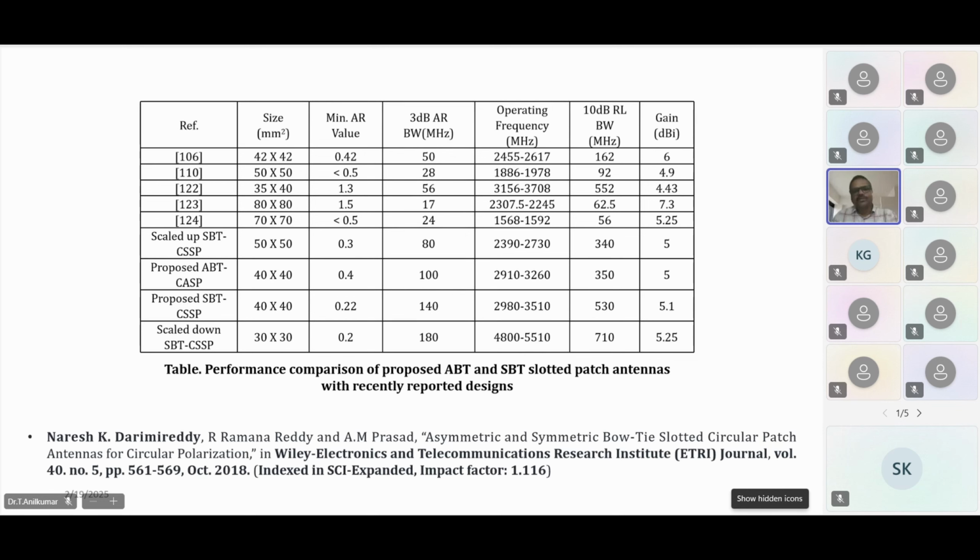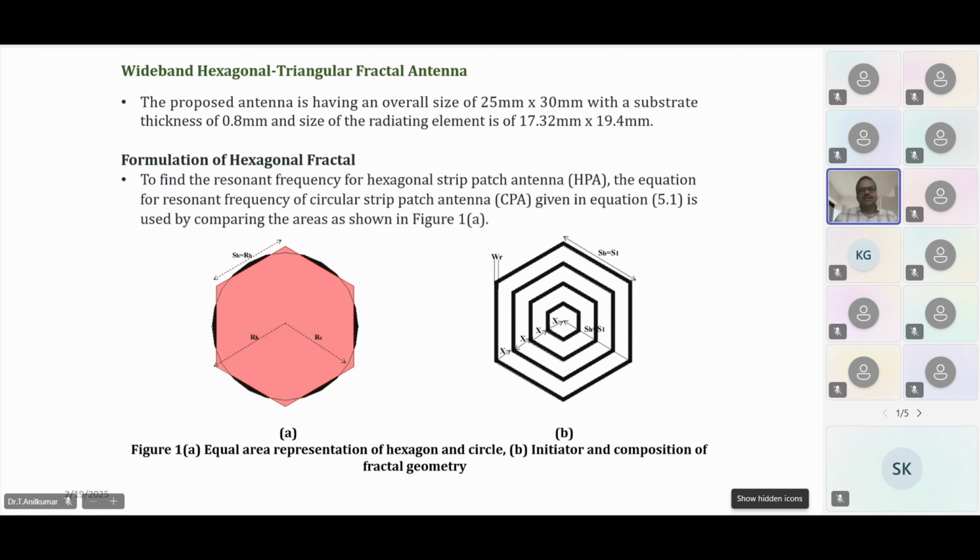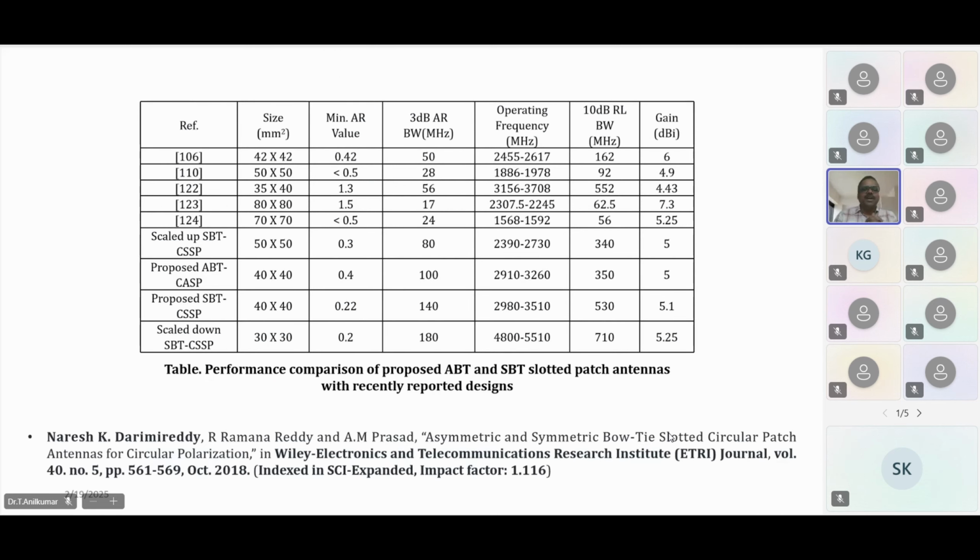But we have compromised bandwidth here. There the bandwidth is 200, 240, 250 MHz, but here it is 180, 140 MHz only. But when compared to other designs, the bandwidth is better, right? Next. This work is complete, proposed in the ETRI journal.